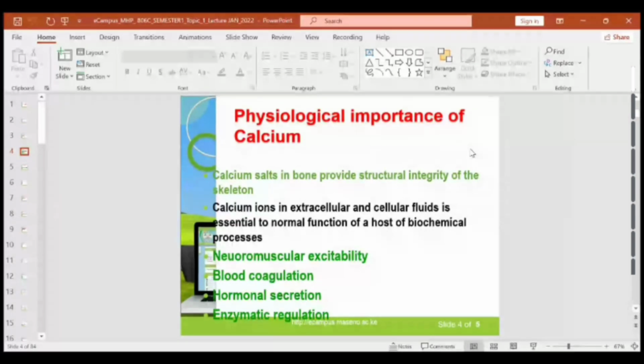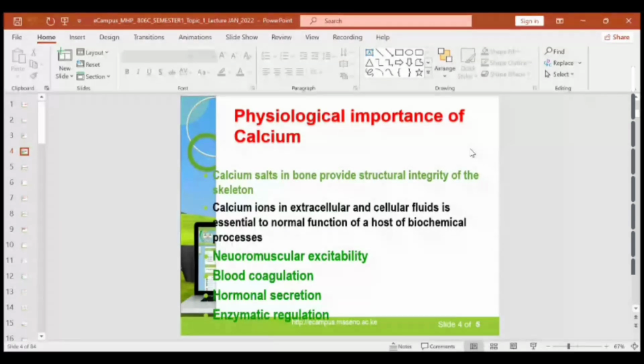When you review another system, the blood clotting system, the intrinsic and the extrinsic pathway, all of them meet somewhere, and where they meet, there's a point where calcium comes in, and calcium is required for the clotting process to take place.